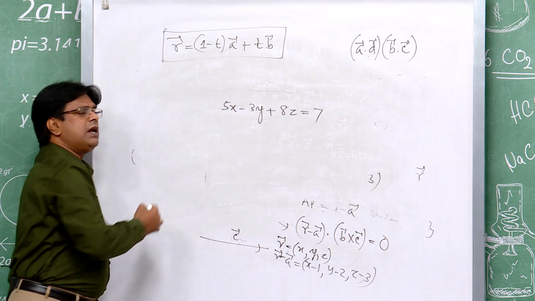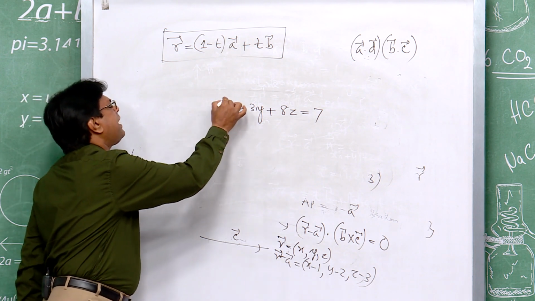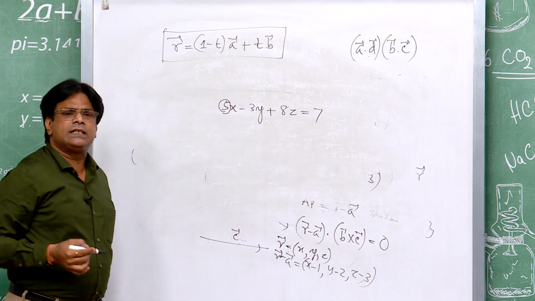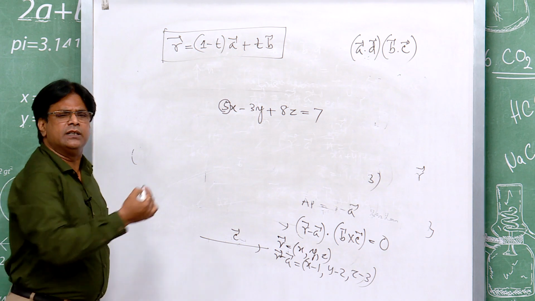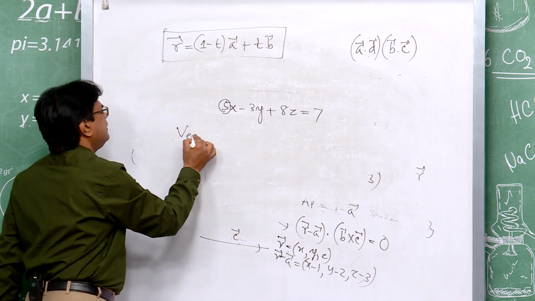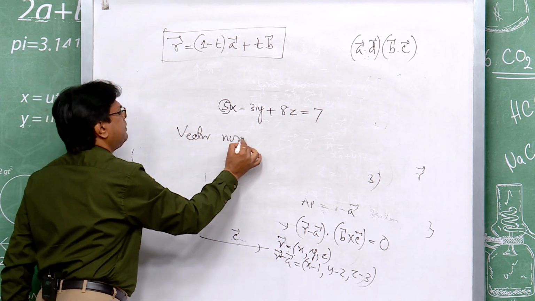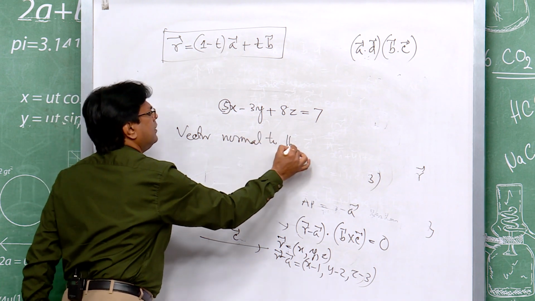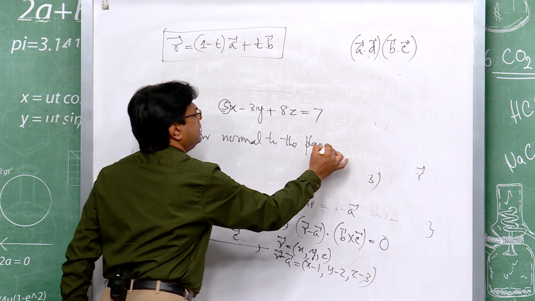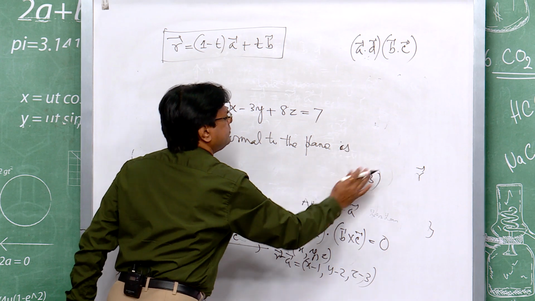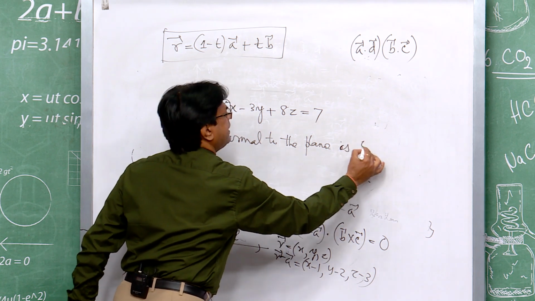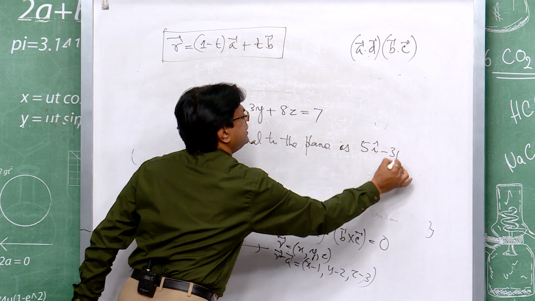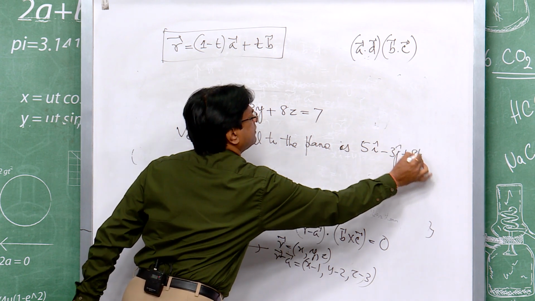To find the vector normal to this, you only have to find the component of x, component of y, component of z. So, the vector normal to the plane is 5i minus 3j plus 8k.